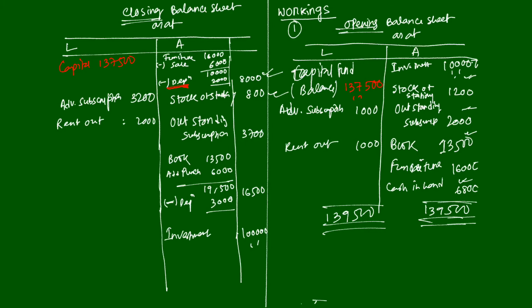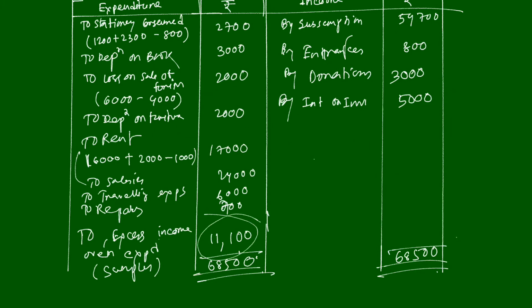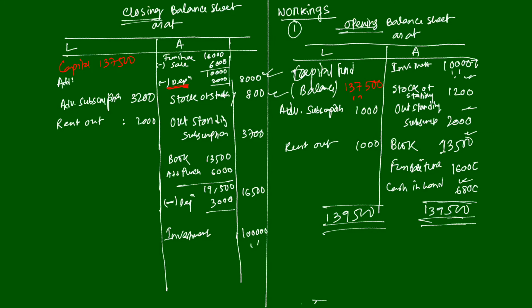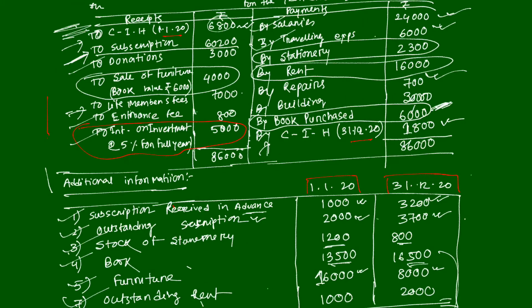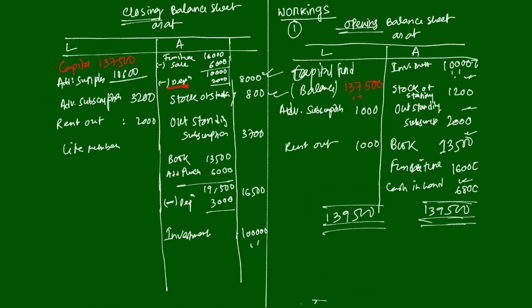Next you write that excess value, add surplus 11,100. That life membership is not written here. Life membership fees, that life membership fees is written on your balance sheet. Life membership fees is 7,000.